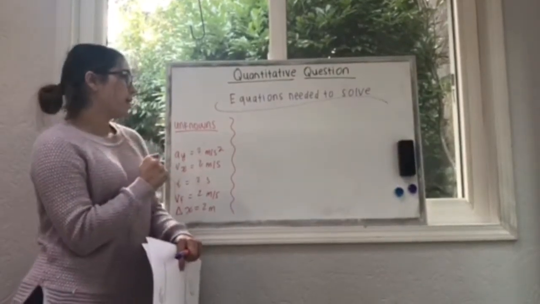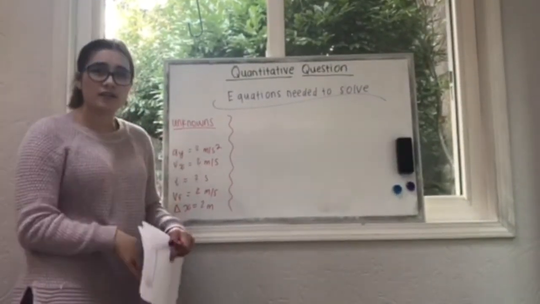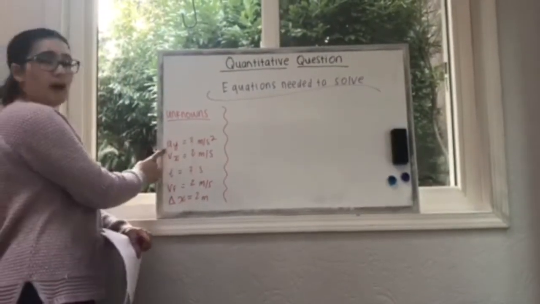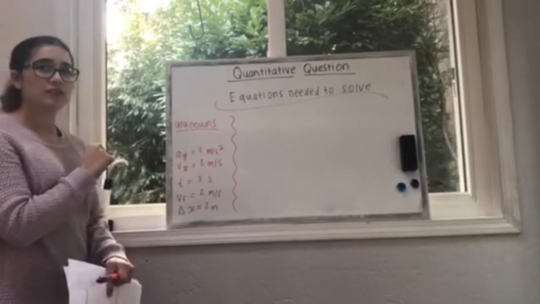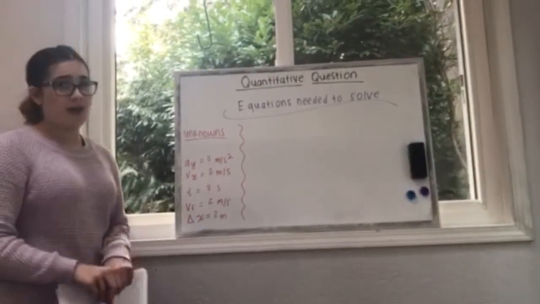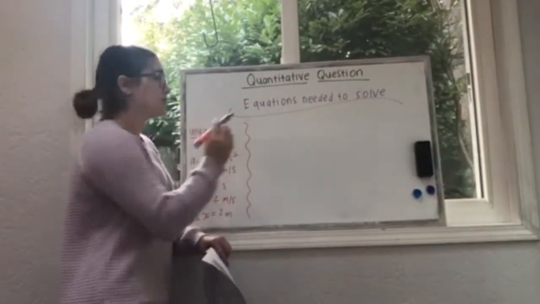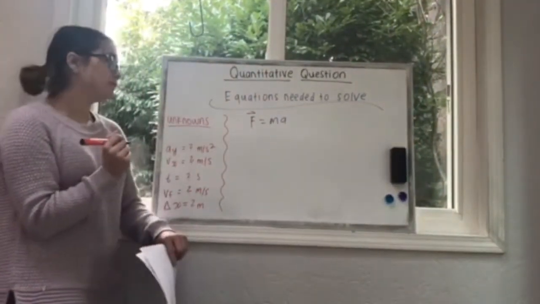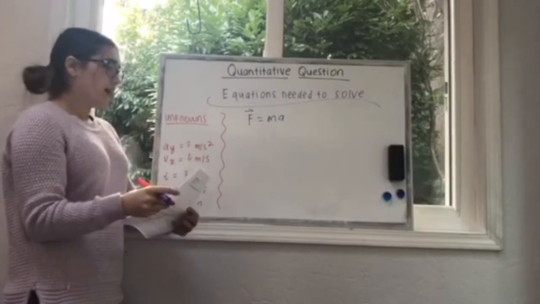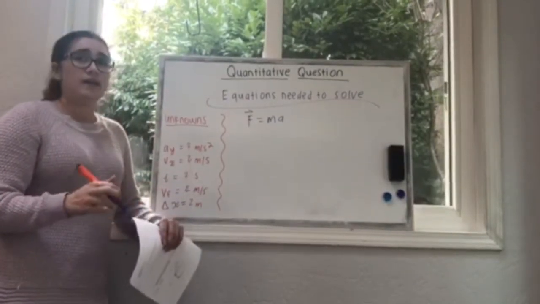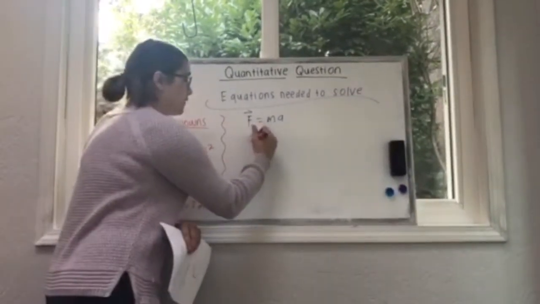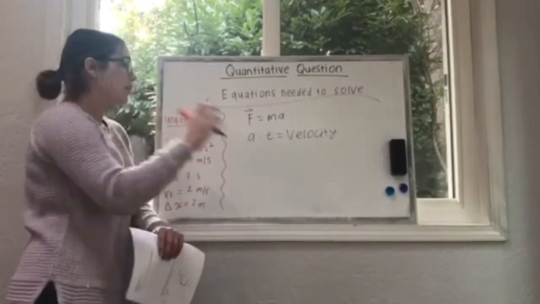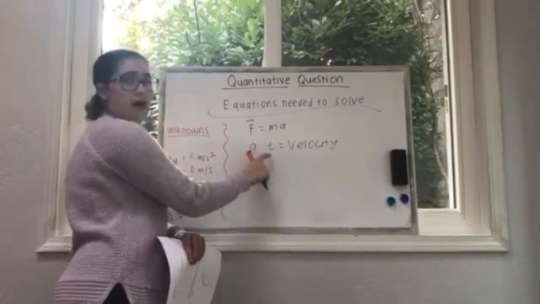So moving on, I'm going to look at these unknowns and look at the equations we have to think about what we mean. So I see here that we do not know our acceleration, but we do know our force and the mass. So I'm going to say one of the equations we need is Newton's second law. Next to that, I know that we're going to need the velocity, and from this you can recognize that we do not have the time.